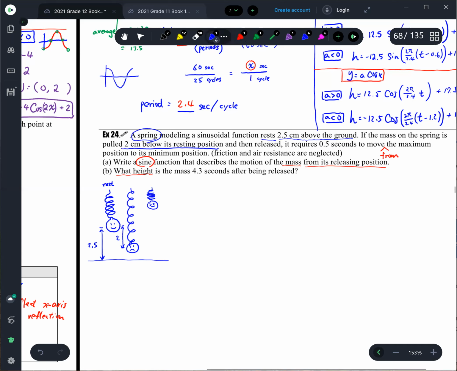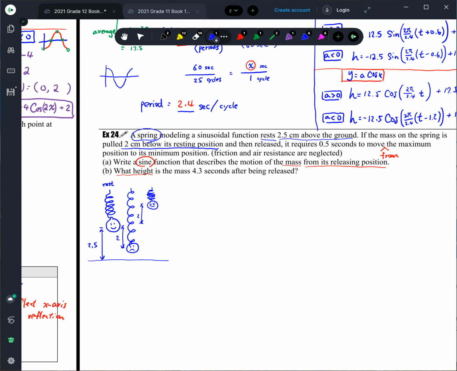So continue to go to 2 above. Okay, and then we'll go down again, go down to 2 below, and then go up to 2 above the resting position. So the resting is like the middle line, right? Where it's not moving. So continue bouncing like this forever. All right.